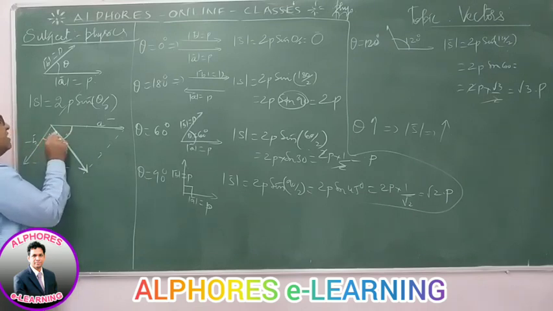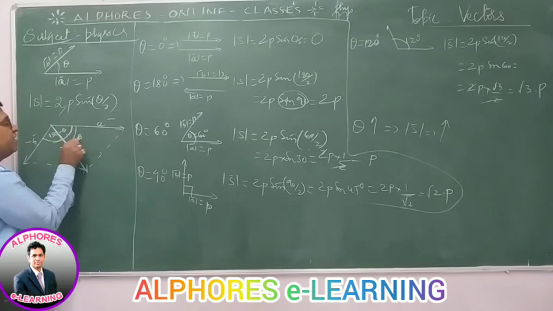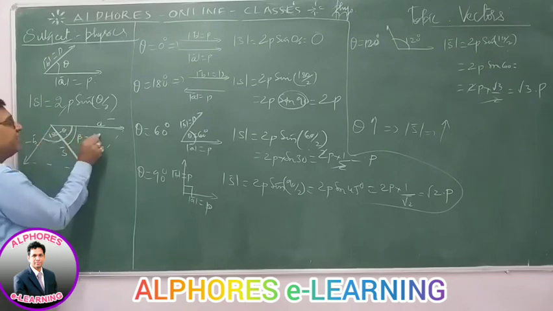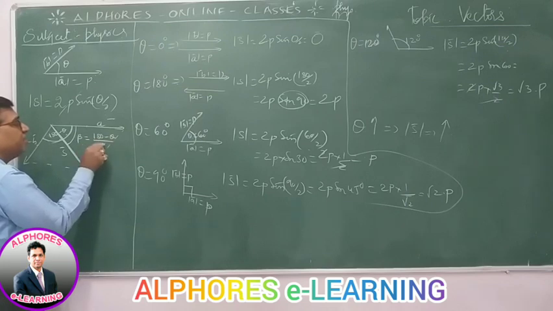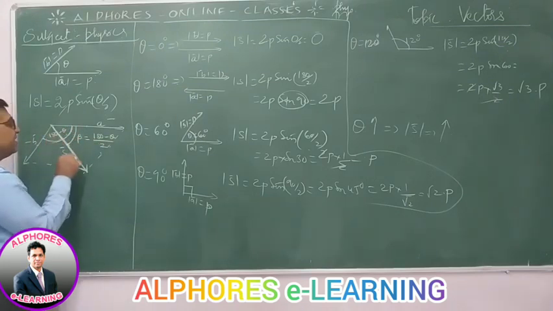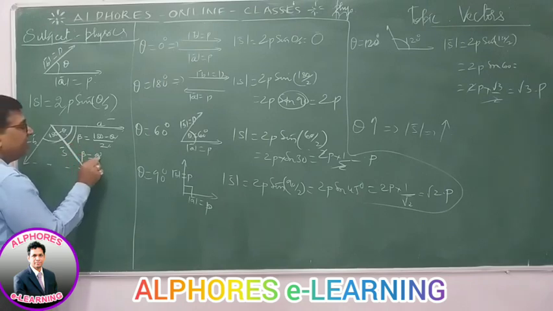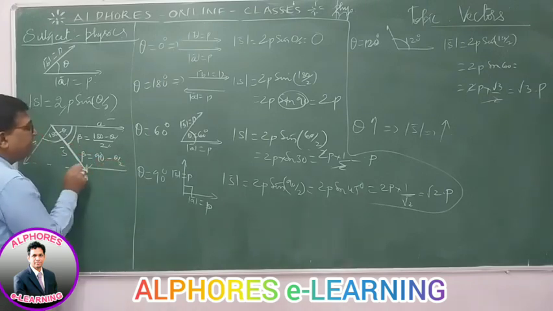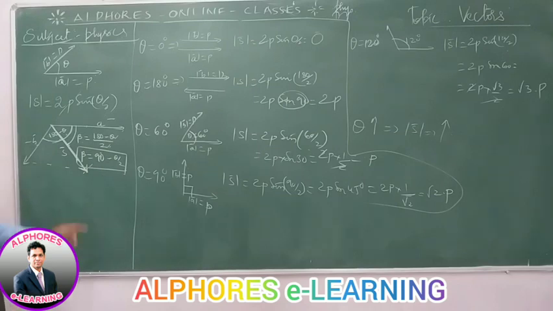The remaining angle is 180 minus theta, so the angular bisector beta will be half of this angle, 180 minus theta by 2. So the resultant makes angle beta, 90 minus theta by 2, like this. The subtraction resultant will be the angular bisector of these two vectors, right.